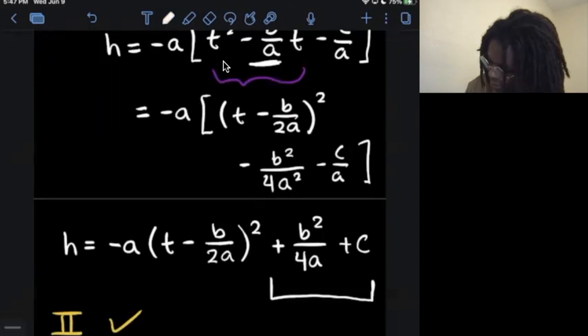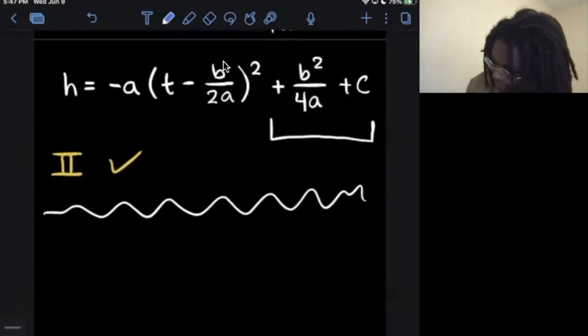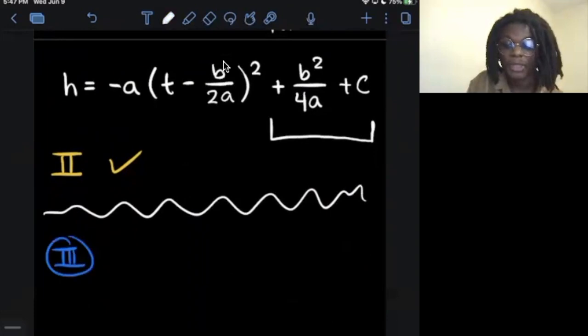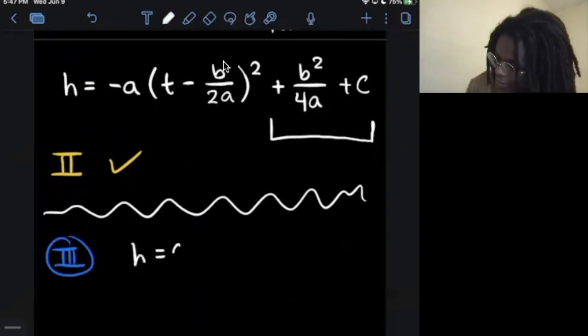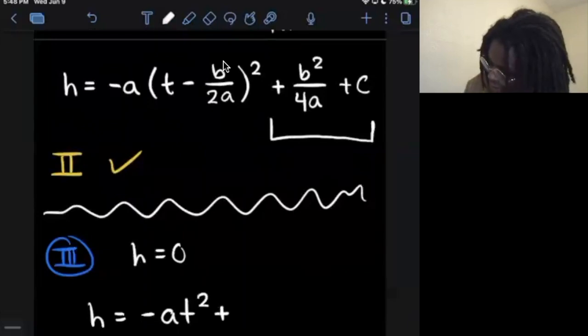All right, now let's go to the last piece. The last piece was just asking us where the t-intercept was. So remember, all we have to do is set h equal to 0. If you remember what h was, at first we had negative a t squared plus bt plus c.